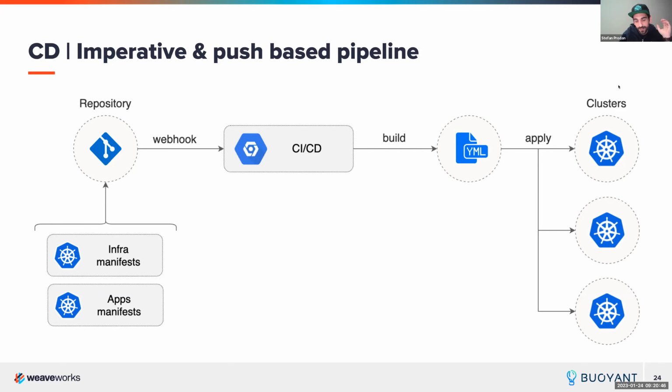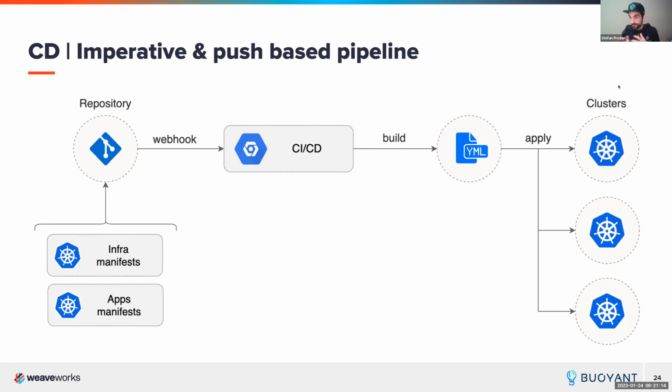You have your app code, app manifest, maybe infrastructure manifest like the Linkerd definitions and so on. They are in your repository. You make a change to your app, then the CI/CD process kicks in. Maybe you have a Jenkins or GitHub Actions or whatever. The idea is you have to build your app, put your app on a container registry, then change the YAML.